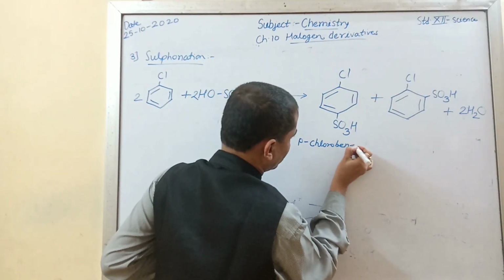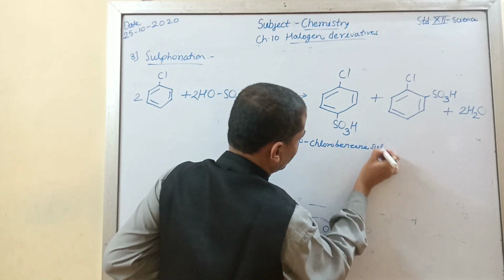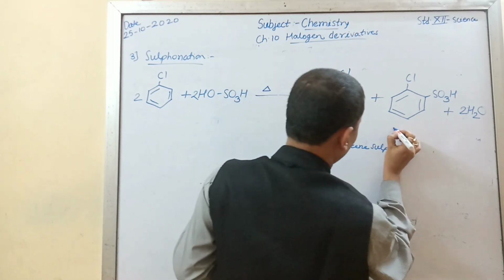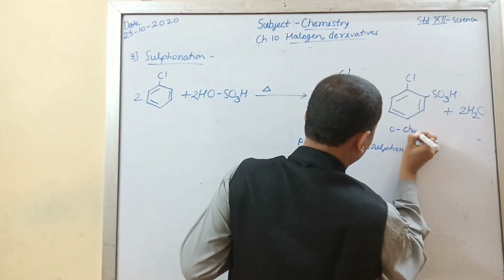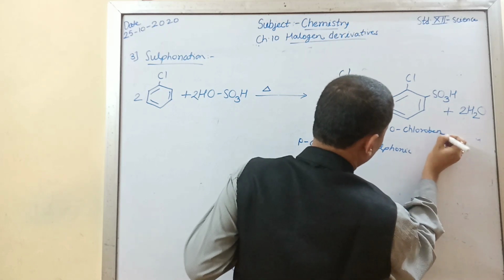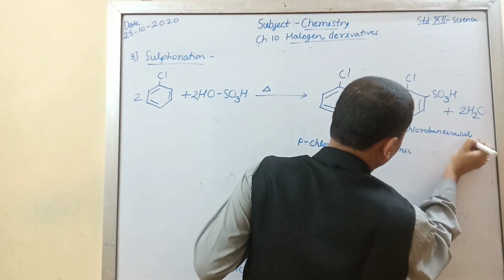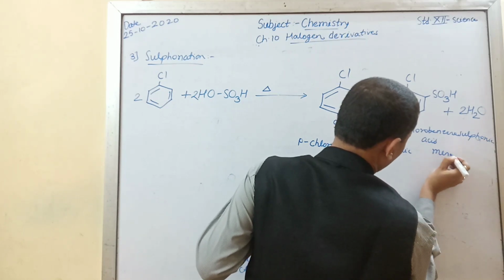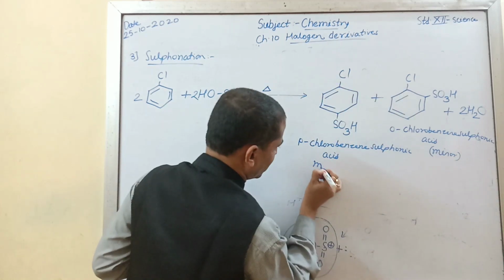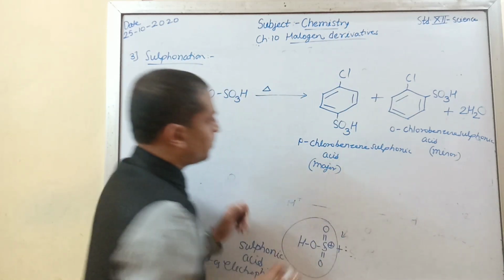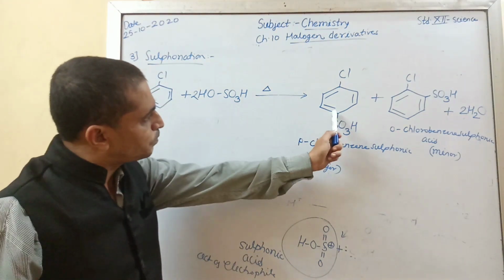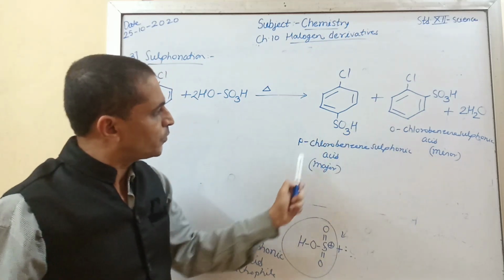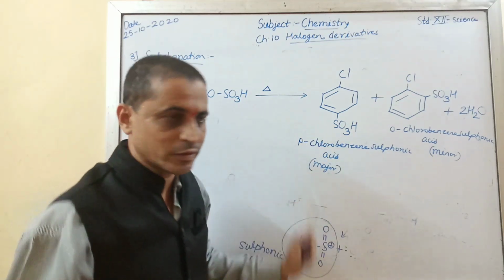Benzene sulfonic acid, and this is ortho-chlorobenzene sulfonic acid. It is minor and this is major. Always remember, para products always dominate ortho products, and therefore para products are major.